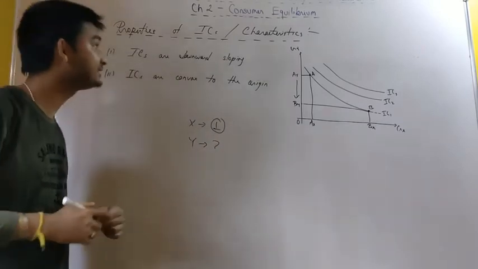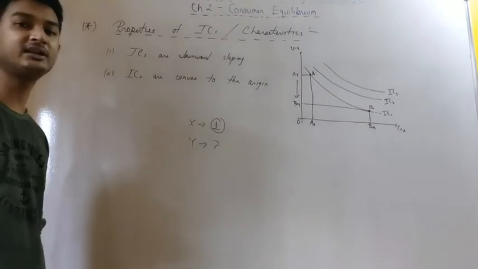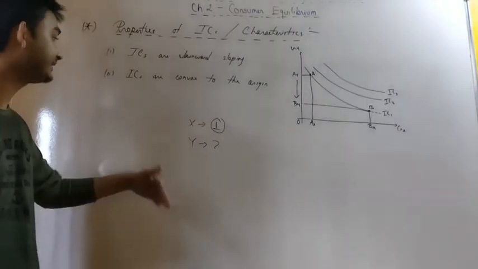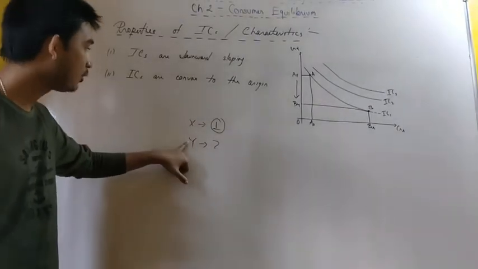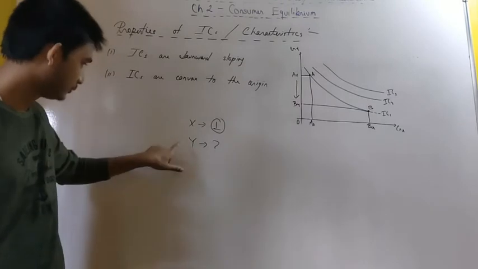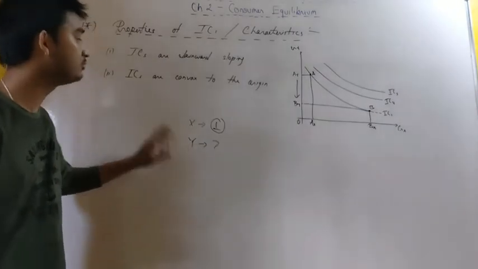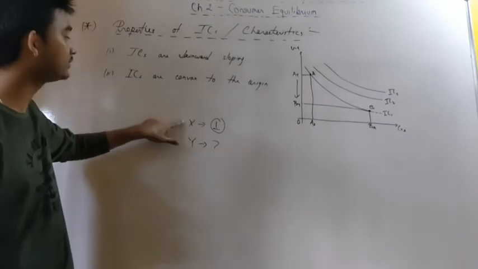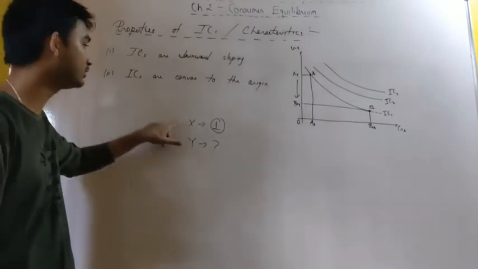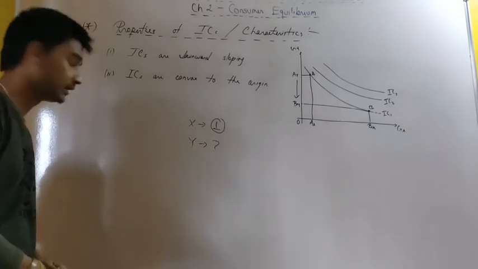That is represented by the marginal rate of substitution. It is the amount sacrificed in one commodity, here the Y commodity, in order to consume one more extra unit of the other commodity, the X commodity.